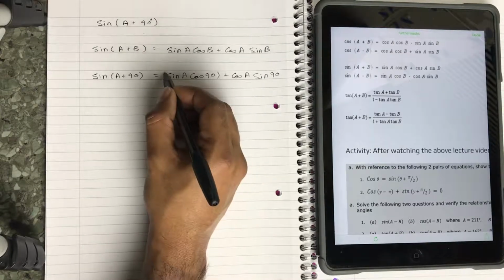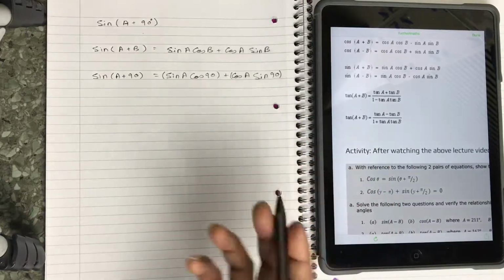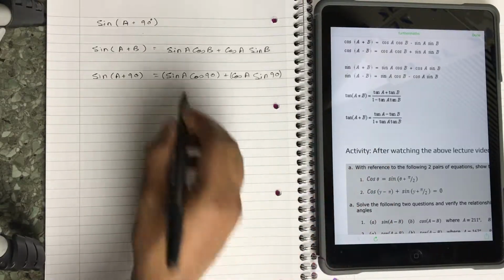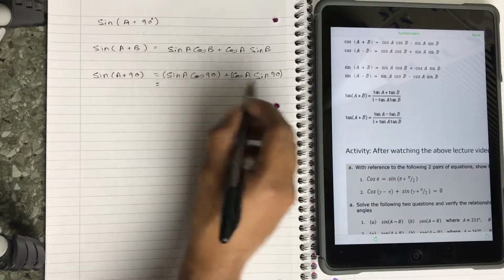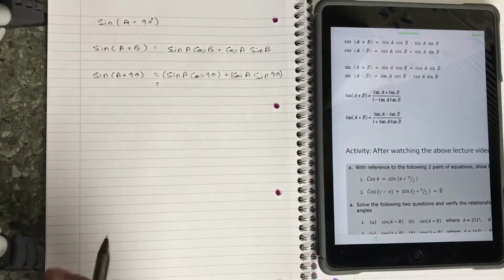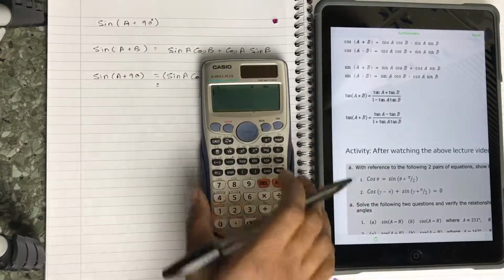And close this bracket, put it in brackets just to show that they are multiplied. You don't really need them, but you might as well. Now cos of 90 and sine of 90 are constants, which I can calculate using my calculator.